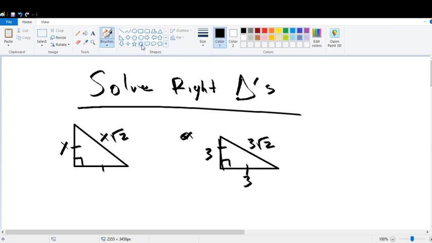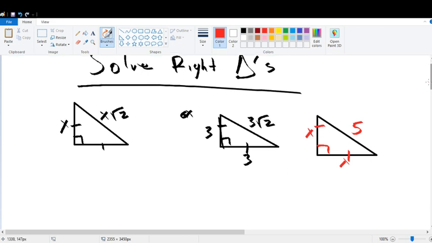Now what if we had a triangle where the legs are not given, but rather the hypotenuse, such as this here. Let's say that this is 5. Well, we know that, let's call this x. What would x be if we have a 45, 90 degree triangle?